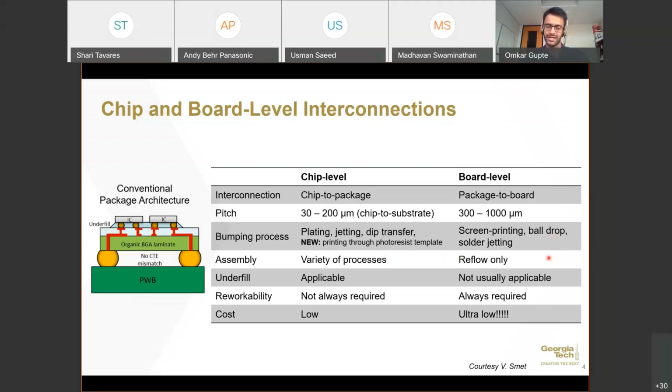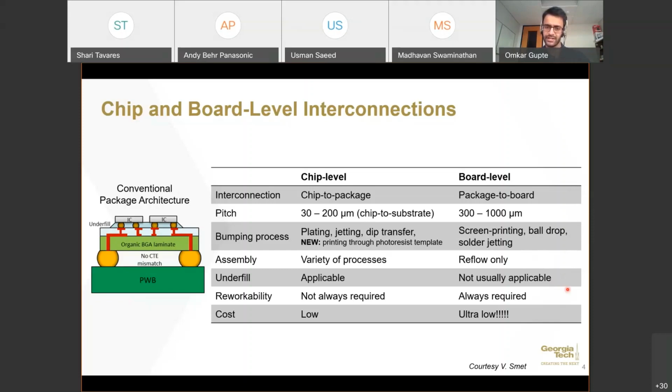Hence we use different processes to manufacture those. And the assembly for chip level interconnections can use multiple different processes, whereas mainly mass reflow is used for the board level interconnections.